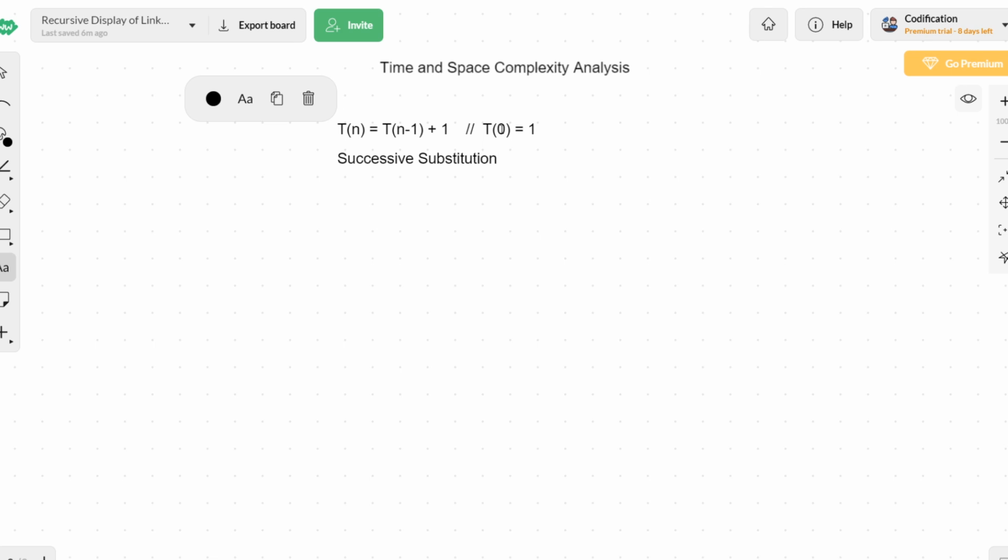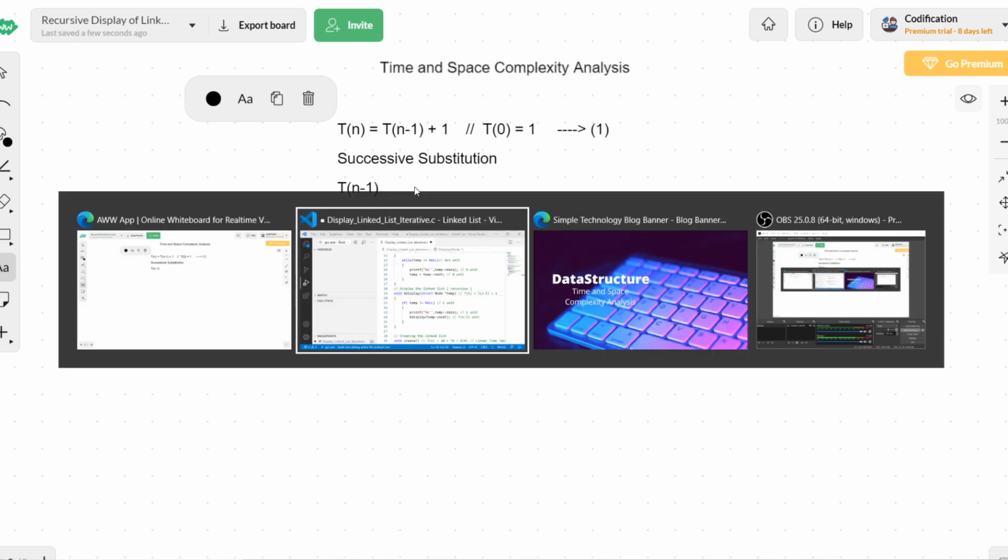Coming to the successive substitution method, first of all, we should find the value of T of n minus 1. Before that, let us consider the first equation as equation number 1. So this is equation number 1. Now we have to find the value of T of n minus 1.